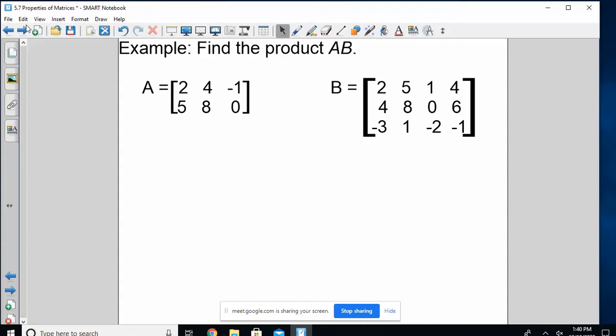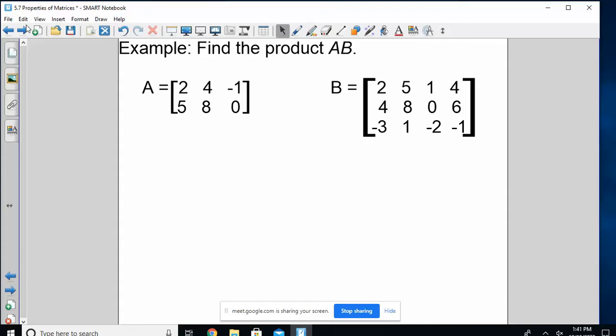Okay, so what we have to do, this is the number in row 1, column 1, right? It's in the first row in the first column. To get it, I'm going to take row 1 times column 1. So 2 times 2 is 4.